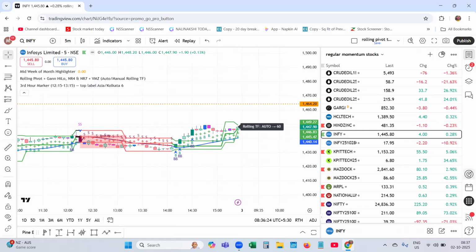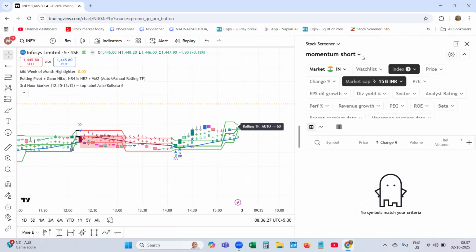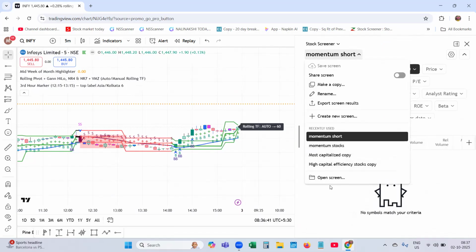Some traders are watching from the USA. One person, two people from the USA contacted me and they purchased this indicator. Let me show you the screener for the US stocks.